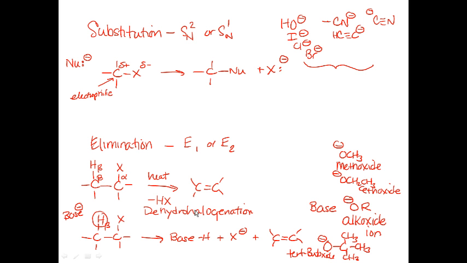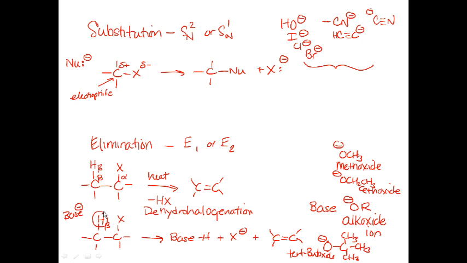So when we get to talking about eliminations with bases, we'll have to talk a little bit about the issue of what base to use. And actually the size of the base will play a role in what type of elimination we get as well.